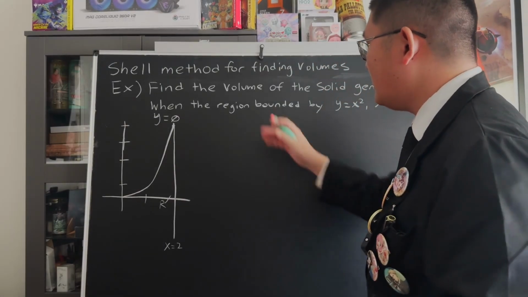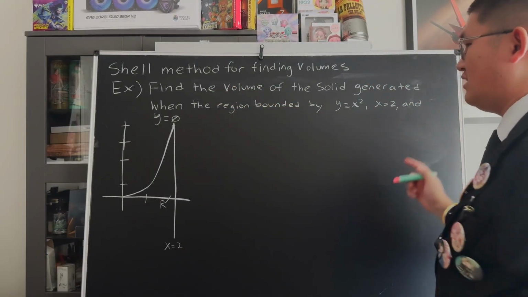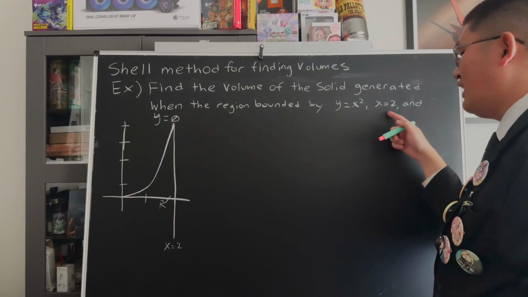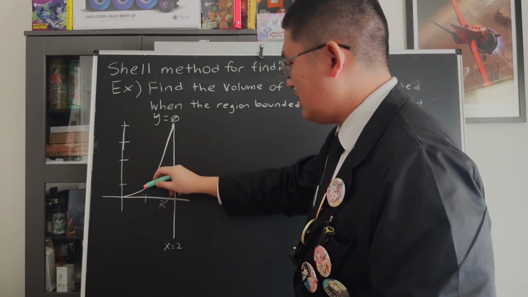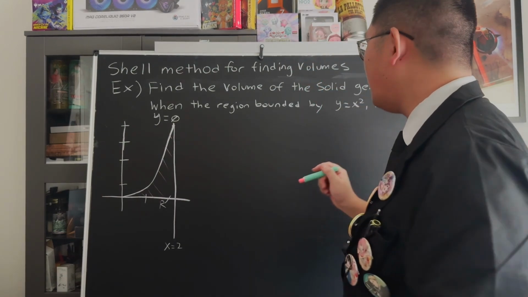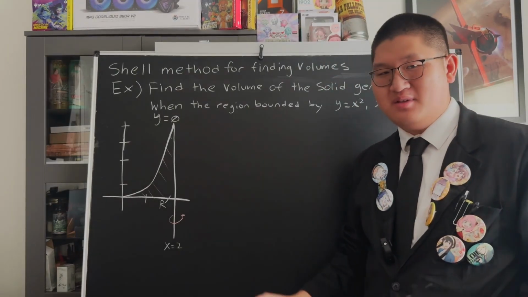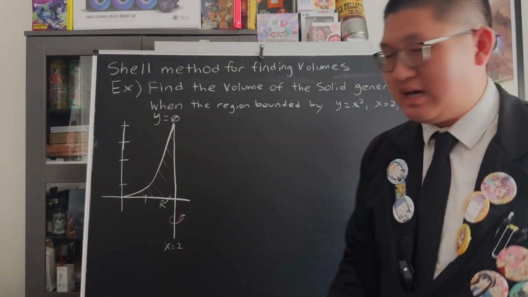So to begin, let's read this problem once more. We are trying to find the volume of a solid generated when the region bounded by y equals x squared, x equals 2, and y equals 0 is rotated about the line x equals 2. So again, this entire region will be rotated. It's going to be a horizontal rotation across a vertical line.